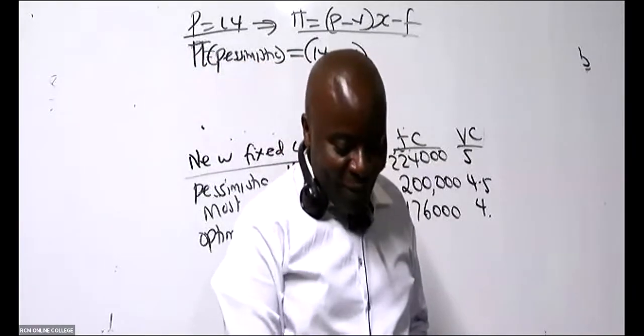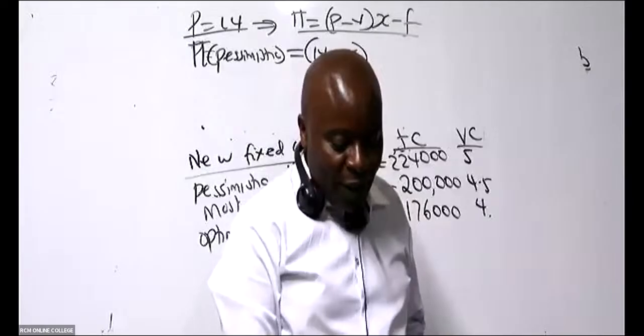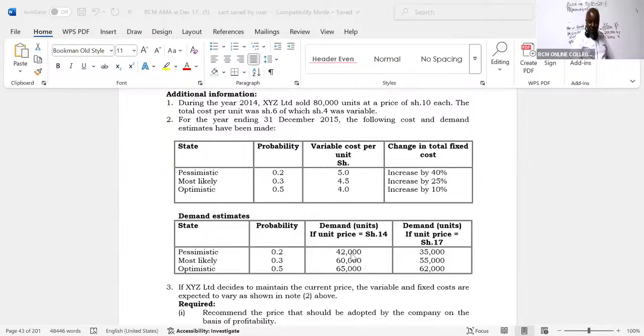No, under the price of 14 you can see the demand, which is the same as quantity. 42,000, times 42,000, minus fixed cost under pessimism, which is 224,000. So go ahead, ladies and gentlemen, and give us an answer there.